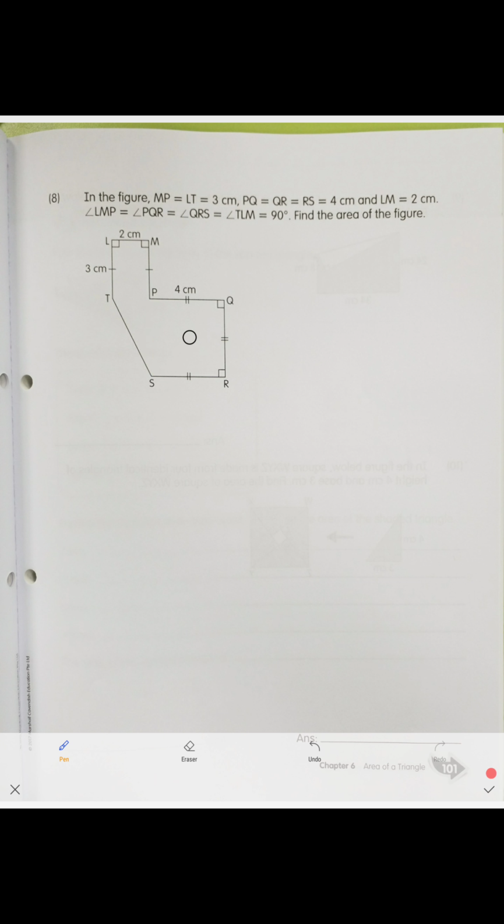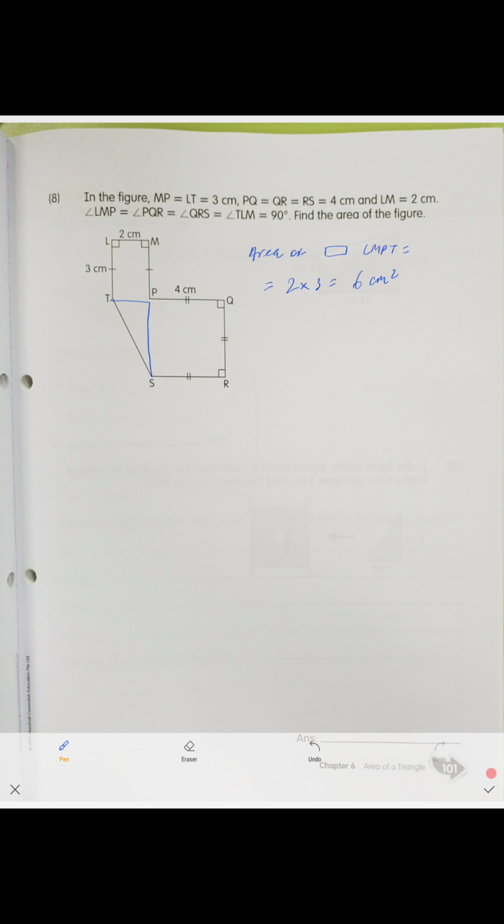Okay, let's find the rectangle LMPT, right? So the area of rectangle LMPT is equal to what? We can see one side is 2 and one side is 3. 2 by 3, 6 square centimeters. Easy, right?